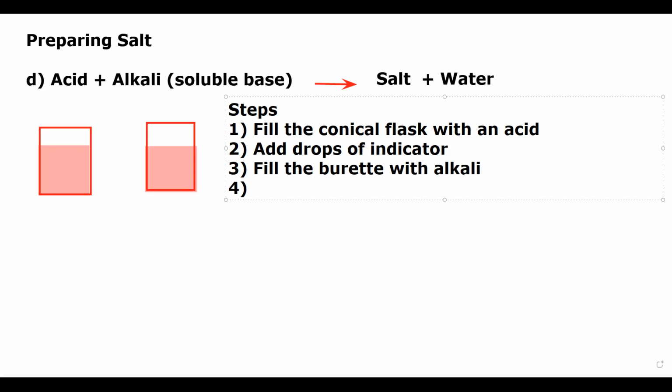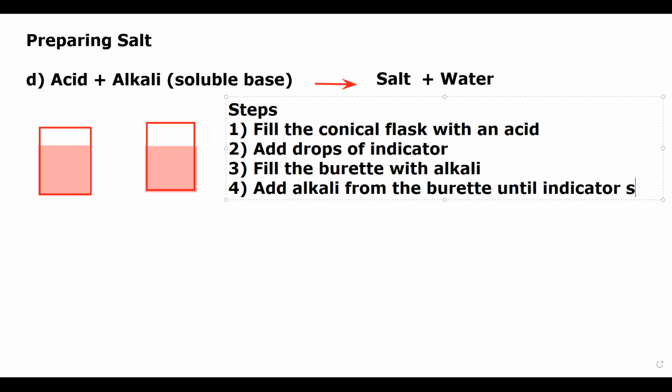If the conical flask contains alkali, then the burette will have acid. We will add alkali from the burette until the indicator shows a color change. When the indicator shows a color change, we'll stop at that point.